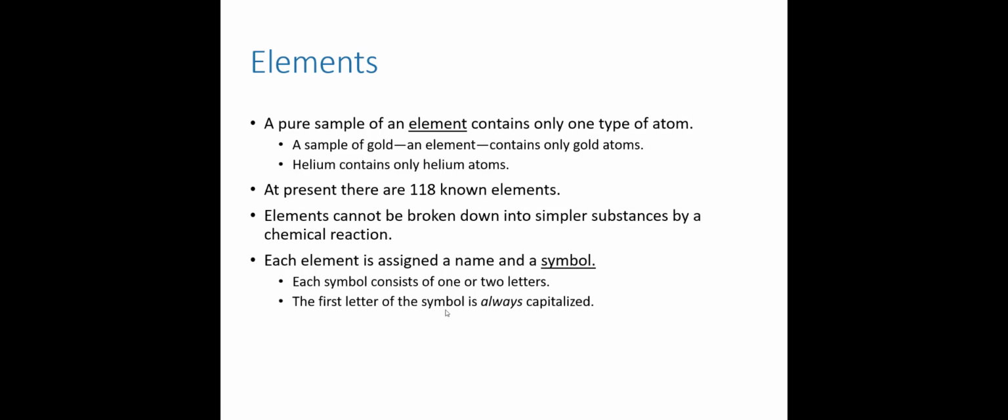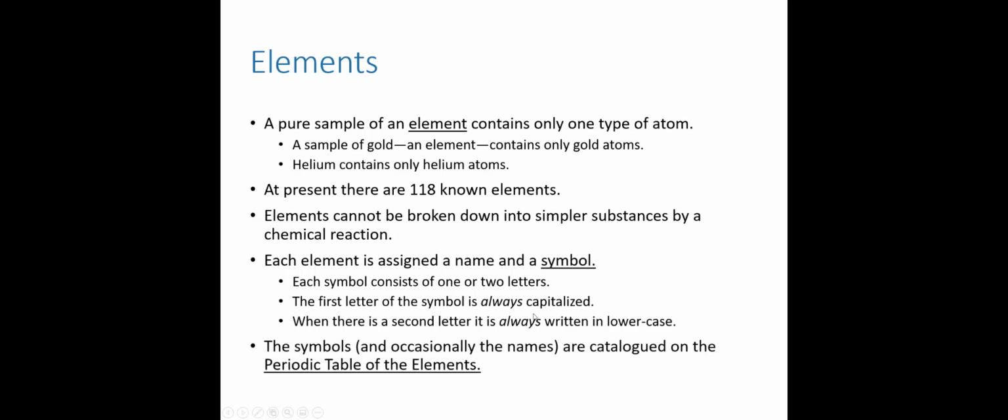So if you have a symbol for an element which only has one letter, it's a capital. For example, hydrogen is a capital H, nothing else. If there is a second letter, the second letter must always be written in lowercase, and that is done to prevent us from confusing two elements together, as I'll show you in just a moment.